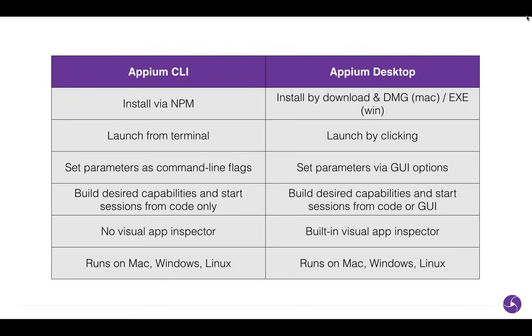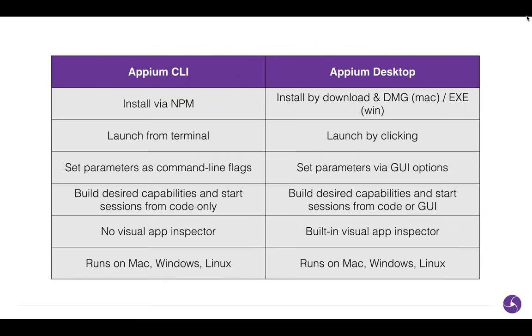And Appium Desktop, you'd launch however you launch apps on your computer. If you had parameters or options that you wanted to use to start the Appium server with, on the command line interface, you'd pass those in as parameters or command line flags. With Appium Desktop, they're graphical options, little UI widgets that you can interact with in order to set those options.